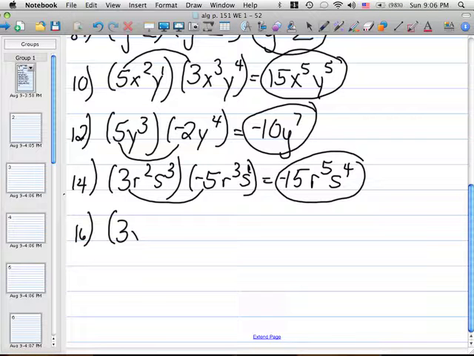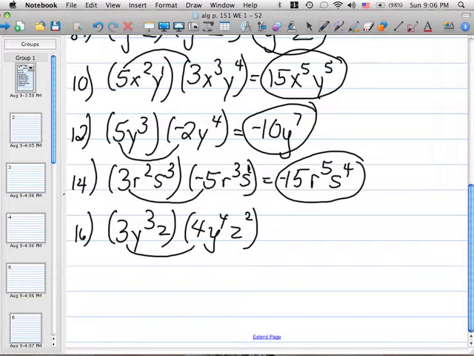Number 16, you have 3y cubed z times 4y to the fourth z squared. Multiplying the numbers together, you get 12. Y, 3 plus 4 makes 7, and z, 1 plus 2 makes 3.